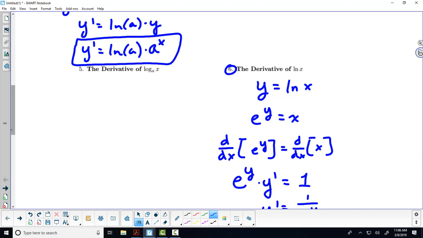If we take the derivative, it'll be the natural log of e times e to the x, following this rule, not our usual rule. But what is the natural log of e? And so all is right with the world, right? Regardless of how you think of taking the derivative, as a general exponential or the exponential, we get the derivative of e to the x is e to the x.